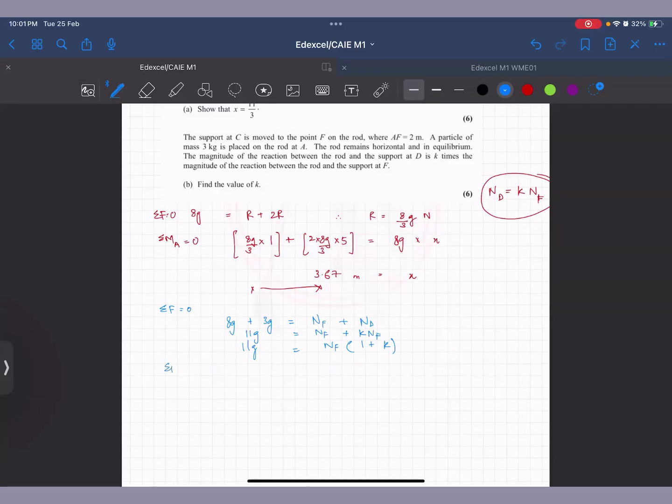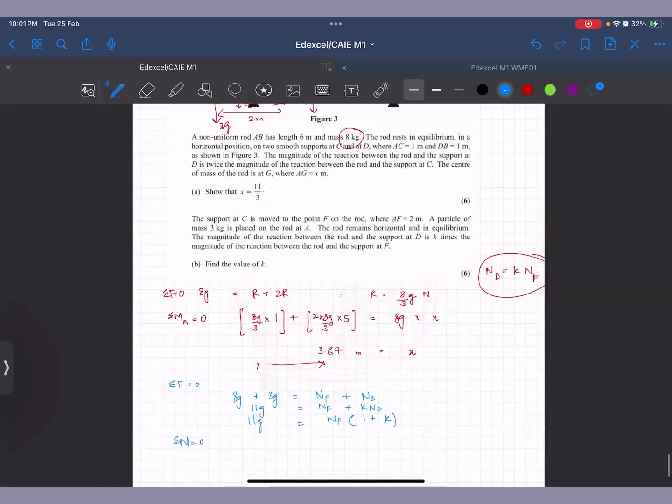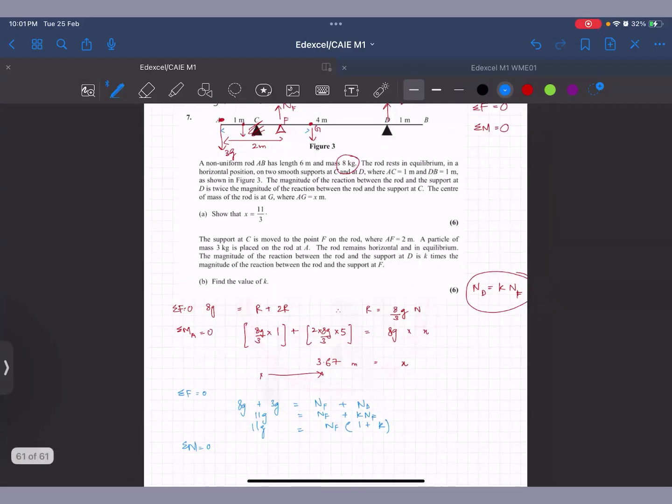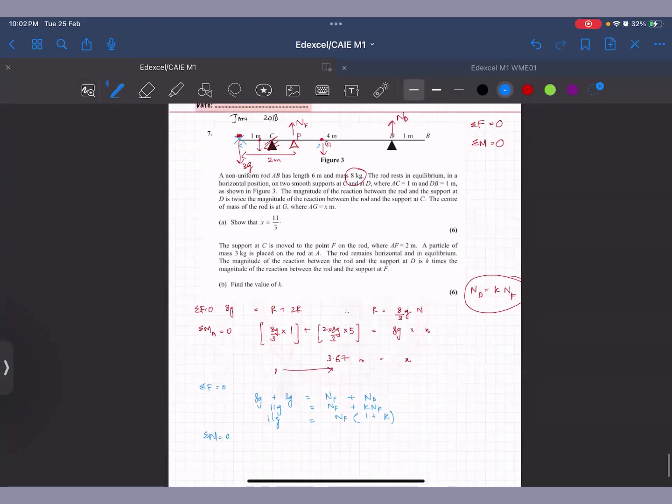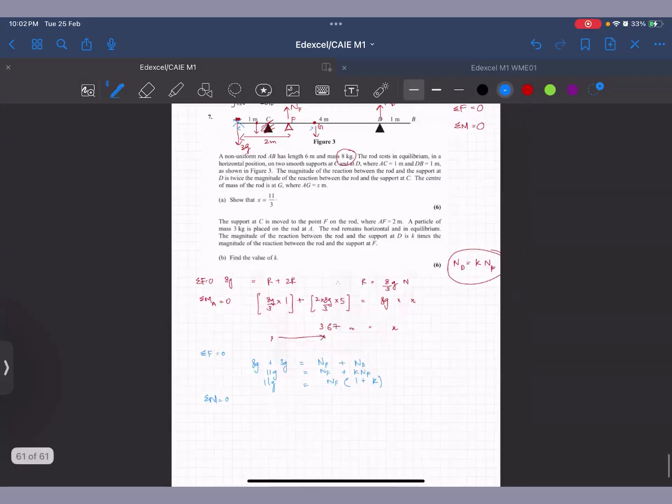Then the sum of moments as well is equal to 0. So let's take this A point as the pivot. There would be no moment generated because of this 3g, because it is exactly on the pivot. So the only force which is downwards is the weight of the rod.